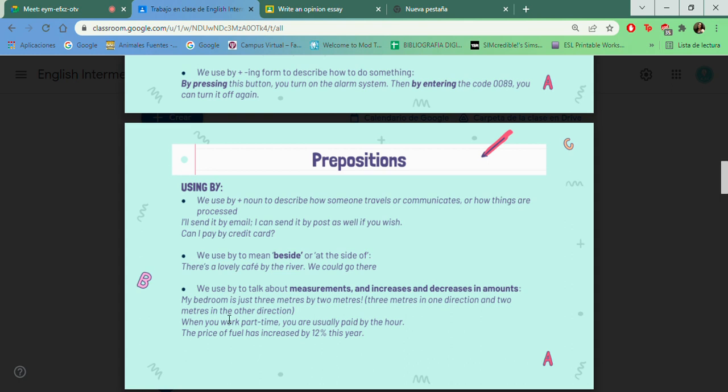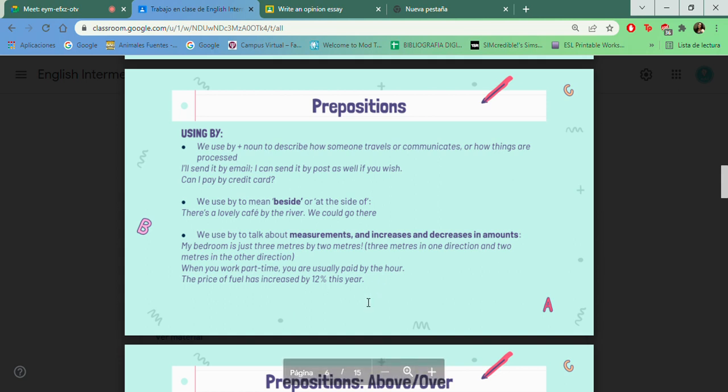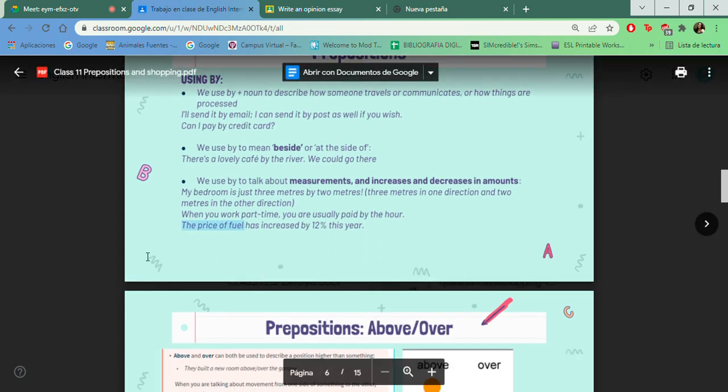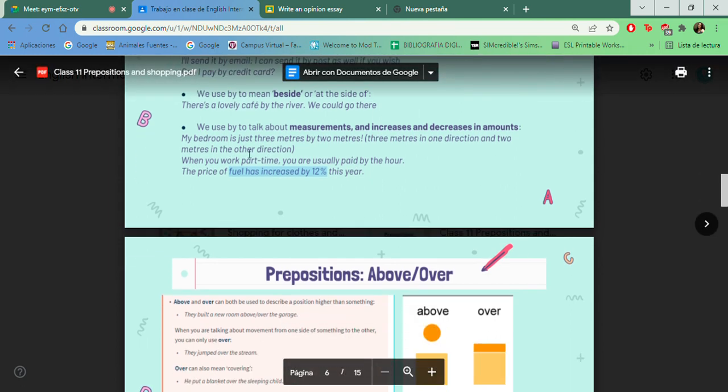You use the preposition by in that case. Also for increasing and decreasing amounts, right? The price of fuel has increased by, and that's it. Good.